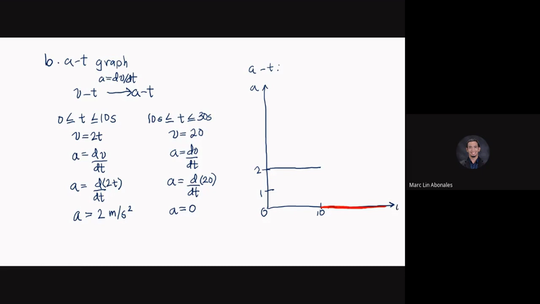So that is T. So dira kotob sa 30. So therefore, this one is A is equal to 2. And for 10 to 30 na interval, that is A is equal to 0. So kani pag connect, you just only connect that with a dash line. And that would be your graph for your AT graph.